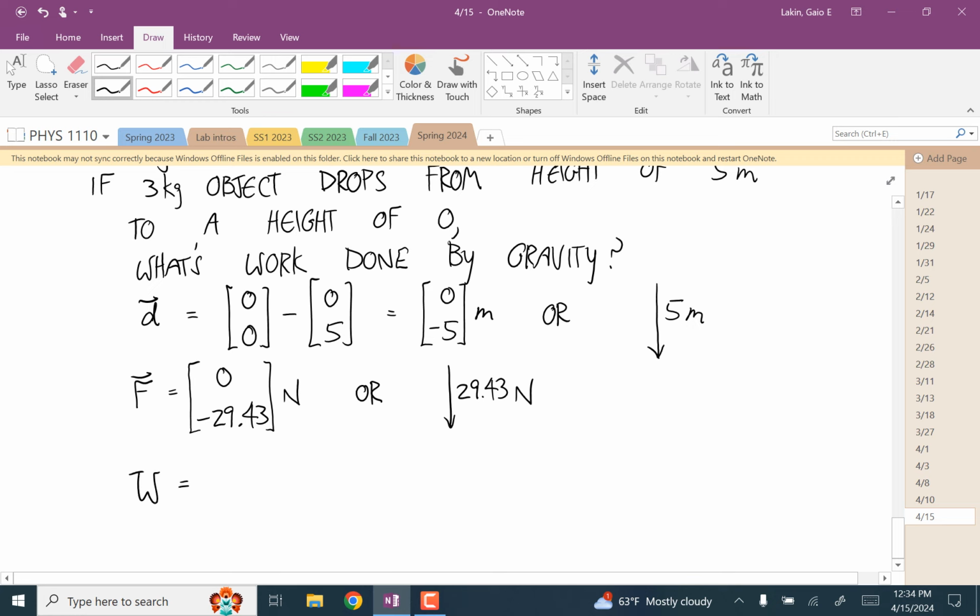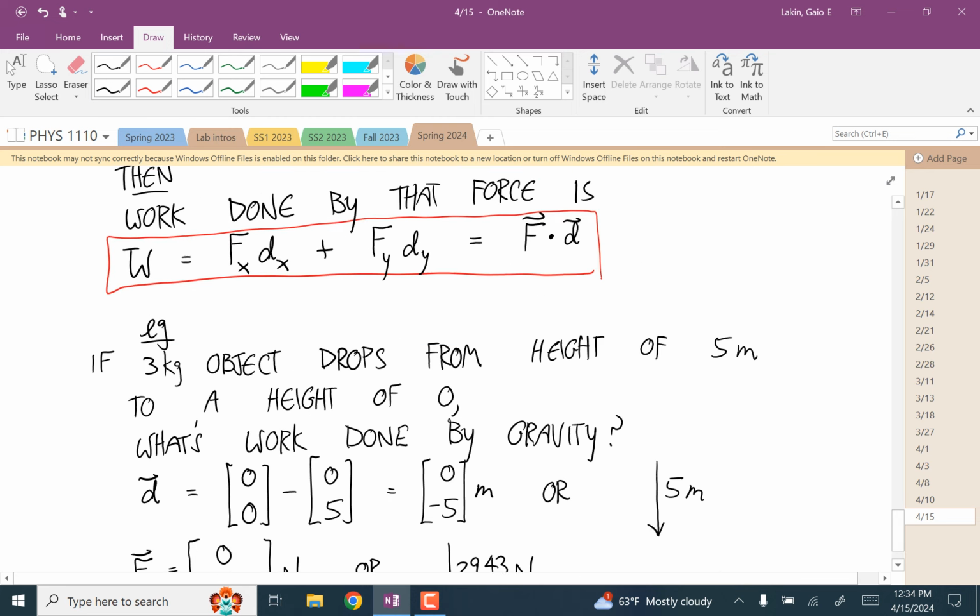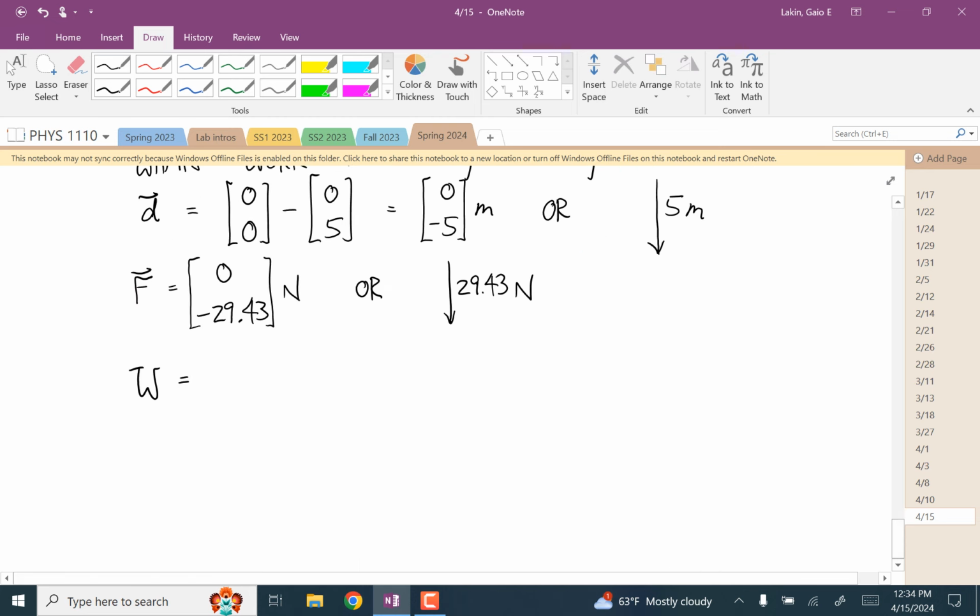So the work is the x component of the force times the x component of the displacement plus the y component of the force times the y component of the displacement, and this comes out to be 147.15.